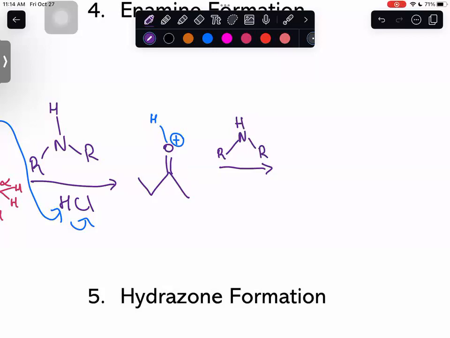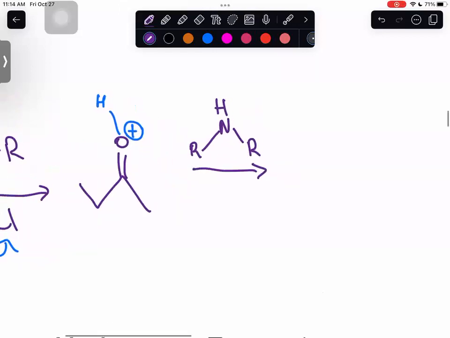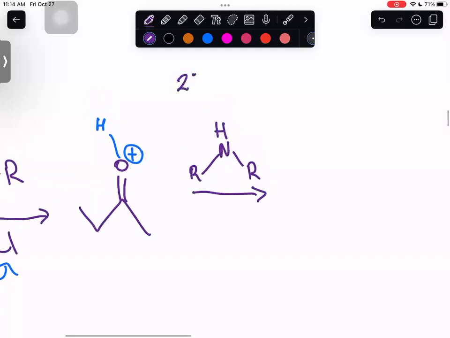What kind of functional group is that on the arrow? Enamine. What degree? Secondary. And that's going to be your key reagent. Your secondary amines are always forming the enamine specifically. Okay, so we know that whatever's on the arrow, that's my nucleophile.